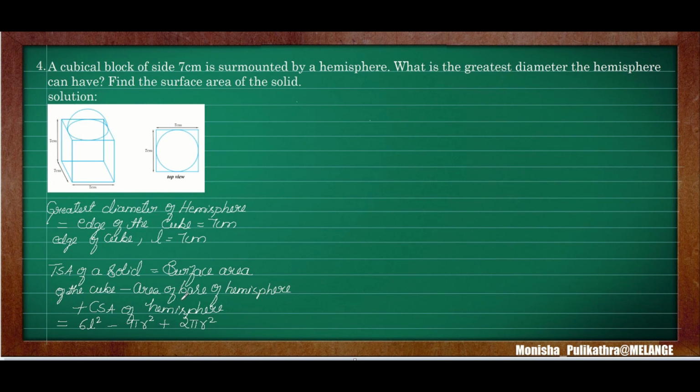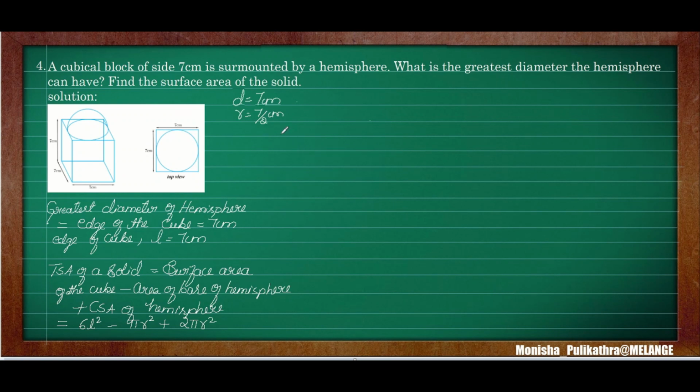This is the formula we have to apply. Here R is not given, but the greatest diameter of the hemisphere is 7 centimeter. So if D is equal to 7 centimeter, then R is equal to 7/2. This is the radius of the hemisphere.